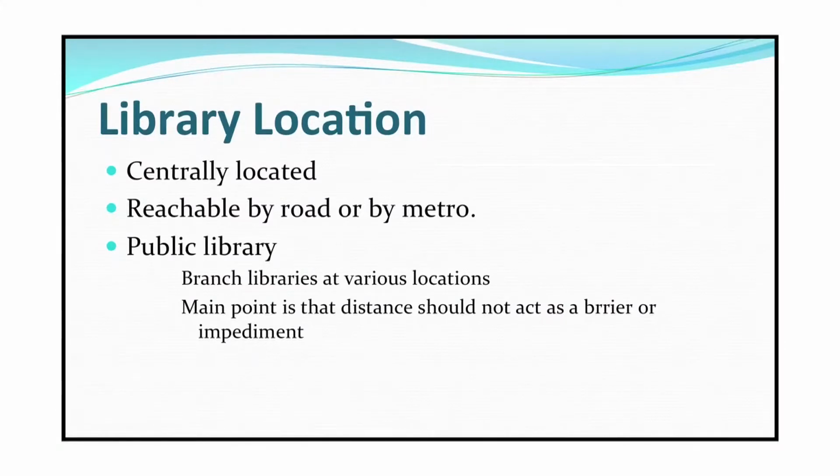For example, if it is a university library, then it should be centrally located, which means that it should be accessible. Users should be able to reach the library within no time. Time should not act as an impediment.